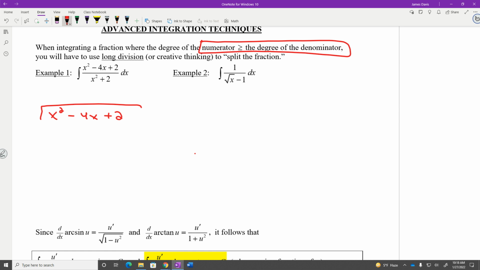Another thing to note: when you're doing long division or synthetic division, if you skip a term, remember you have to put a placeholder in there. Like if there was no minus 4x, if it was just x squared minus 2, you would need to put a plus 0x. Remember doing that.